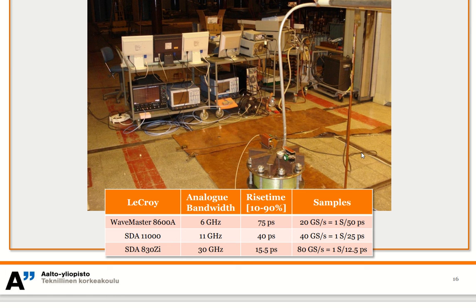If we have a sampling rate of 80 giga samples per second, the sample to sample spacing is 12.5 picosecond. The tinier sampling interval is very good for us to analyze and get an accurate waveform.